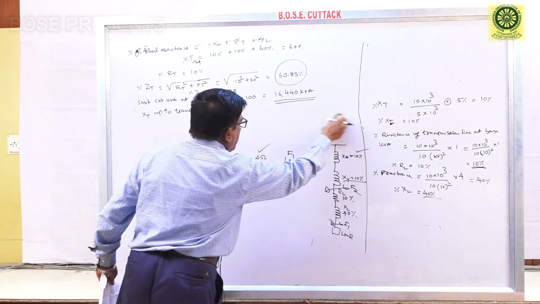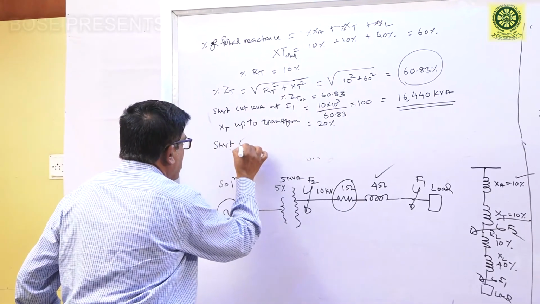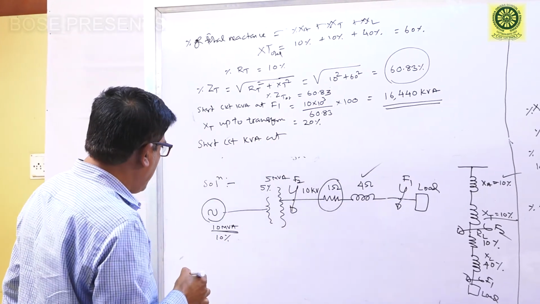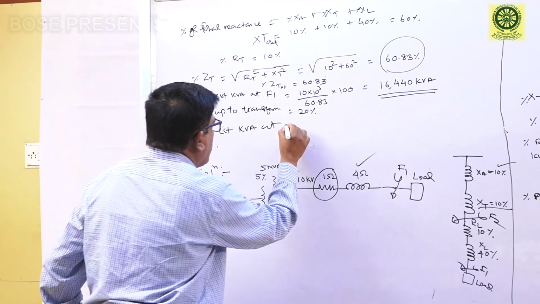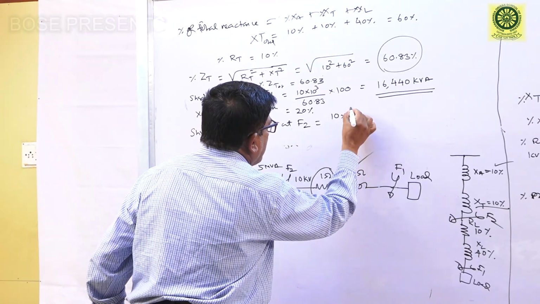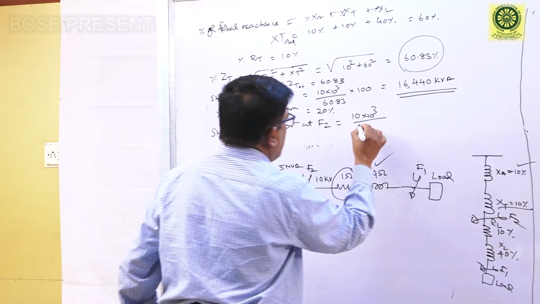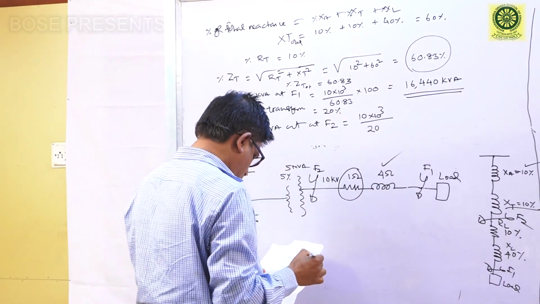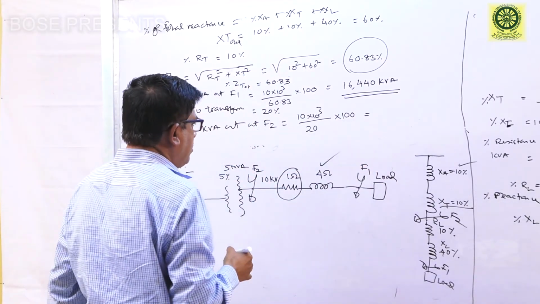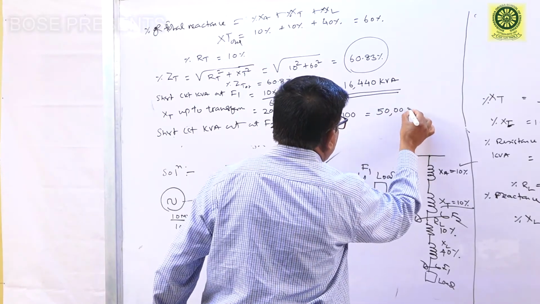Same formula: short circuit KVA at F2 is equal to 10 into 10 to power 3 divided by 20% into 100. So what is the value? 50,000 kVA.